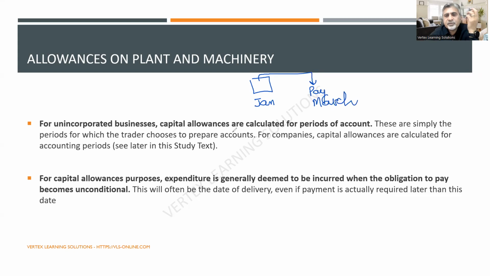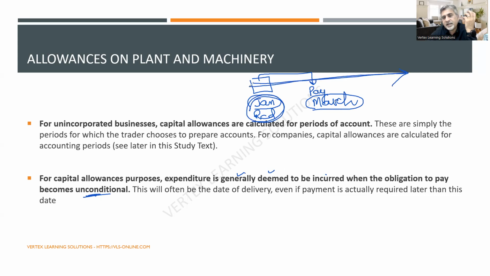So if you have to calculate capital allowance, are you going to calculate from March when you made the payment for the asset, or should you calculate from January when the payment becomes unconditional? Unconditional usually is when you have received the asset. So expenditure is generally incurred when the obligation to pay becomes unconditional. If you have received the asset, you should be calculating from this time period onward.